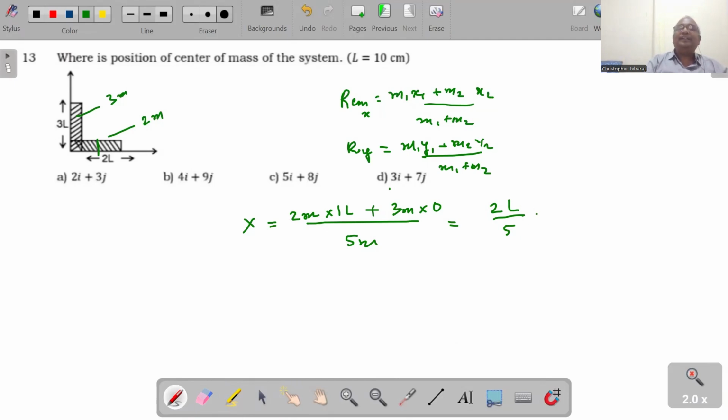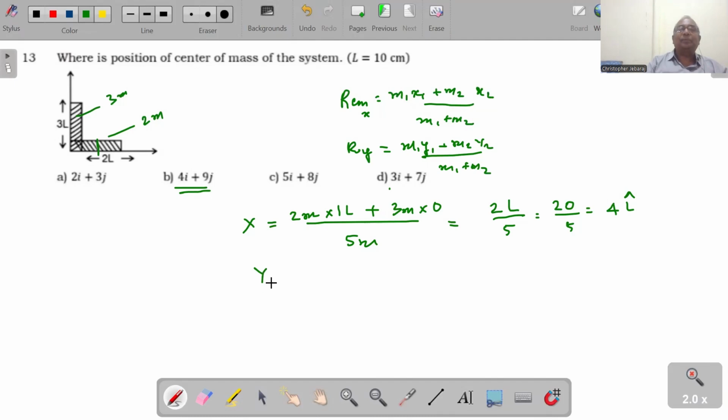L is given as 10 centimeter, so 20 by 5, which is 4i. This is along the x component, 4i. So this answer should be correct.